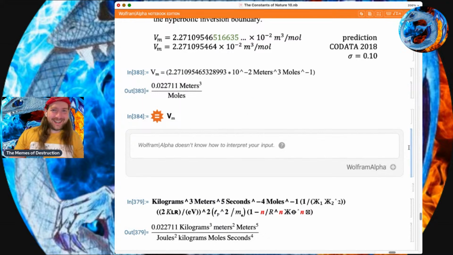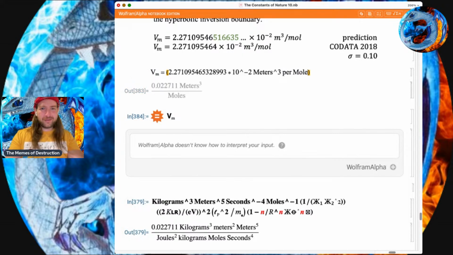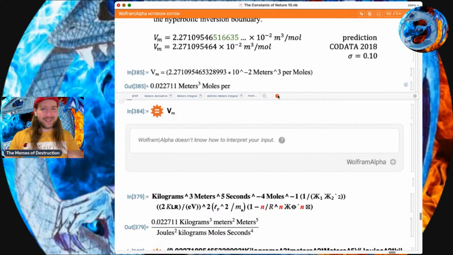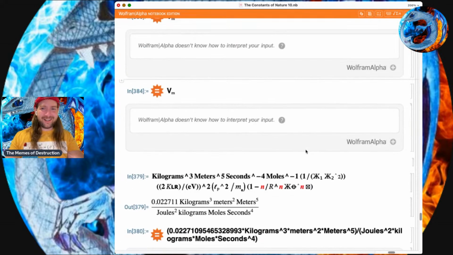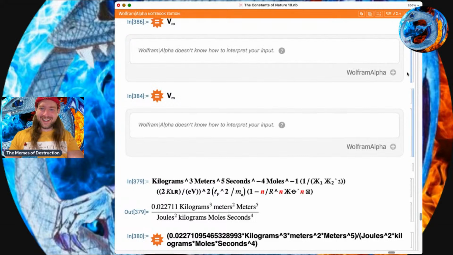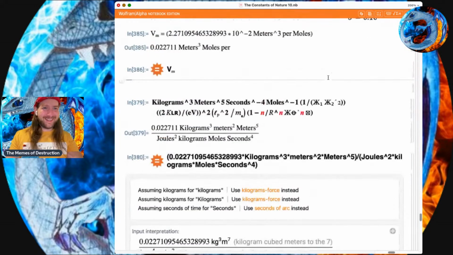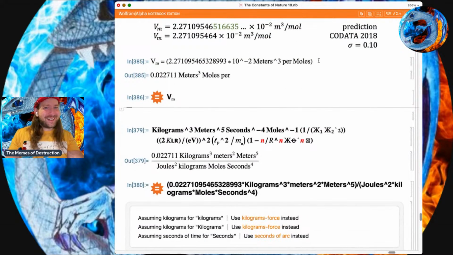Why? I need to... let's see. Meters cubed. How about this? Per mole. Let's see if that works. No! Why? Why don't you understand my moles? Let's see.